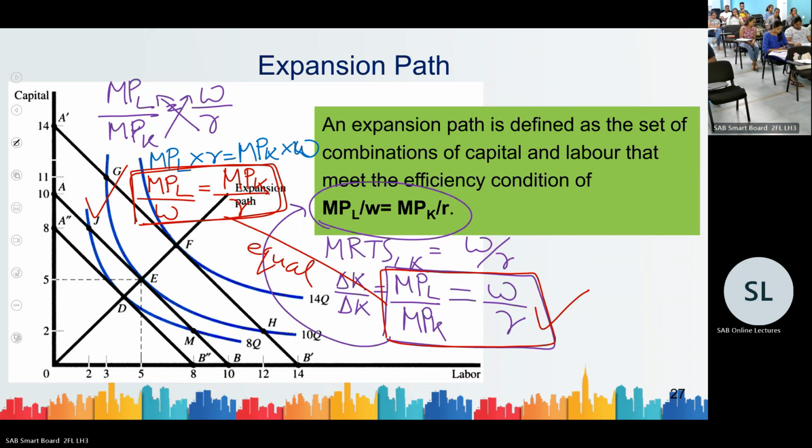Additional output that can be produced by spending one additional rupee on labor should be equal to additional output that can be generated by spending one additional rupee on capital.